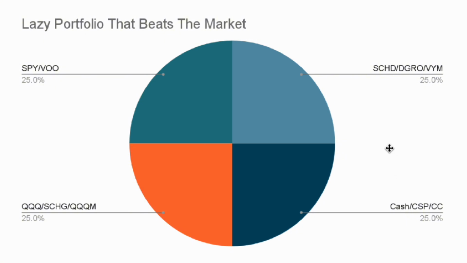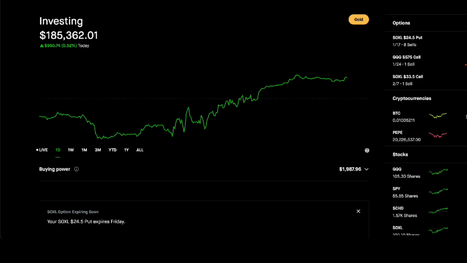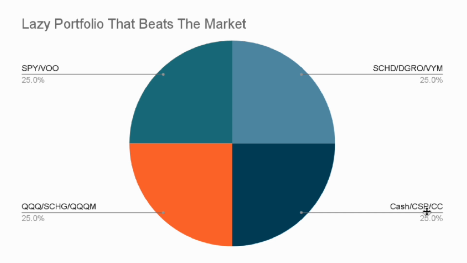Once your portfolio grows to a substantial value, something like I have here, then you can start selling cash secured puts and covered calls. If you don't know about cash secured puts and covered calls, I have a detailed video that I'll link in the description box that you can watch to understand the basics and how you can get started with them.